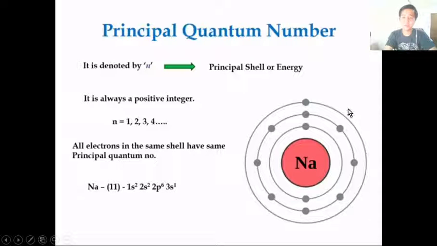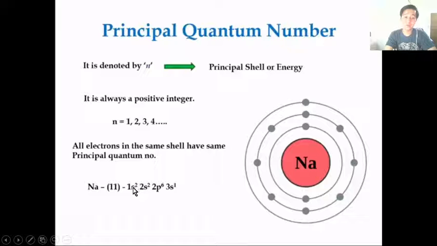And the third energy level, which is the outermost shell or energy level in sodium, has only 1 electron. That is why we use number 3, because the electron is found at energy level 3, with a superscript of 1, because there is only 1 electron.